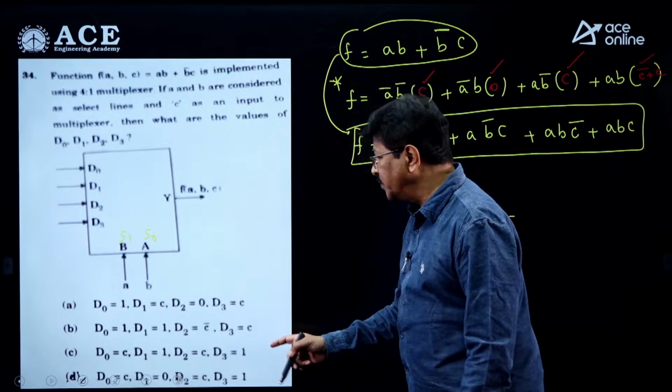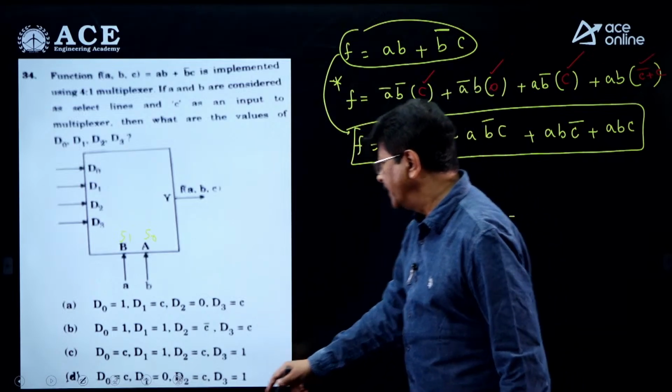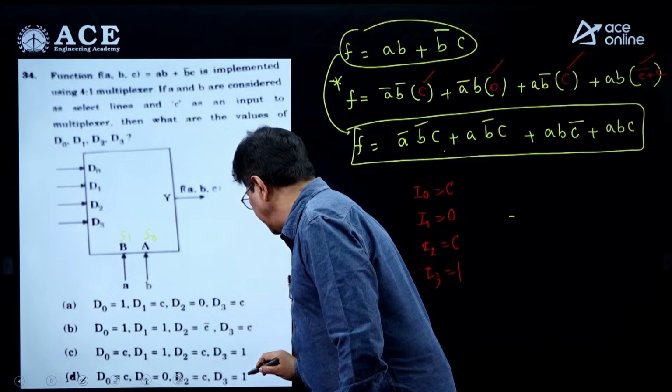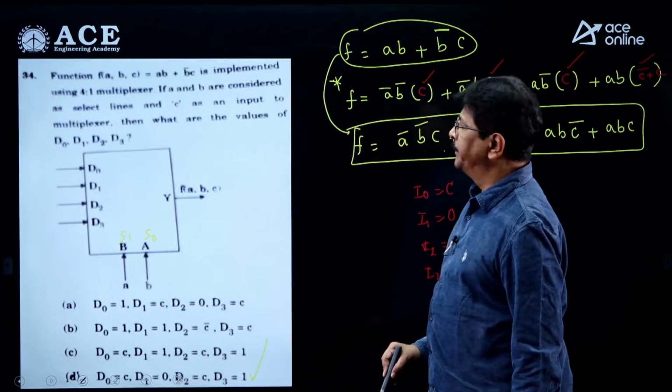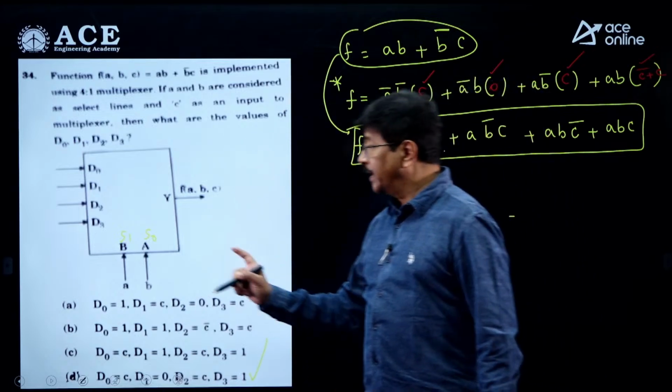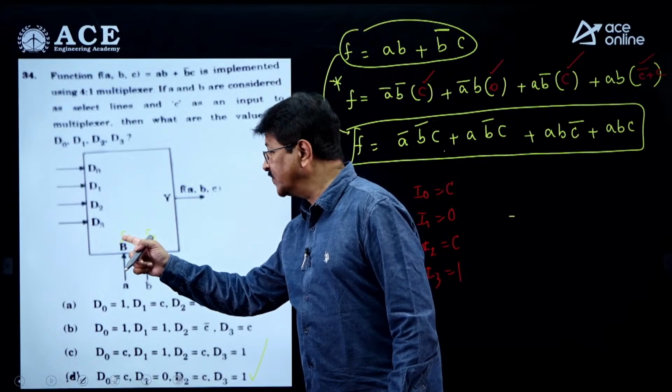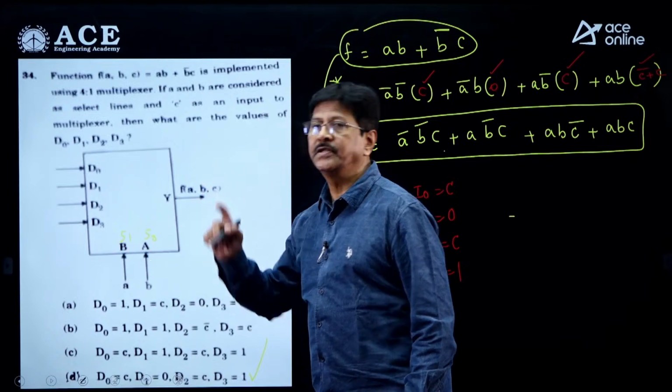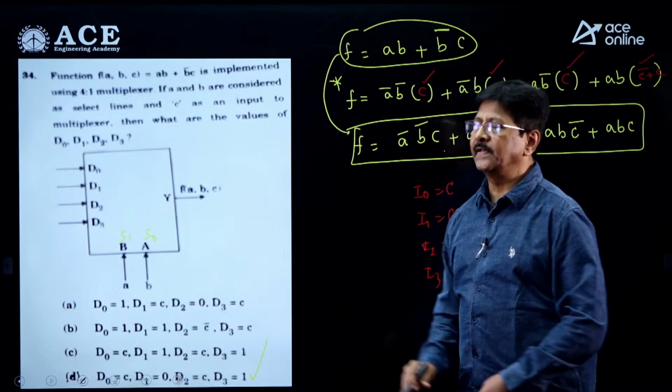So the correct option to this is C, 0, C, 1, D is the right answer. But you have to understand that B is taken as S1 here, A is taken as S0. With that adaptation, it comes like this.